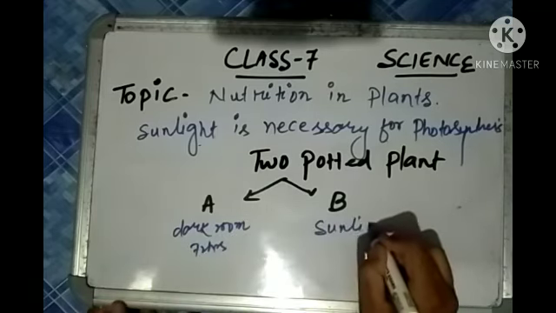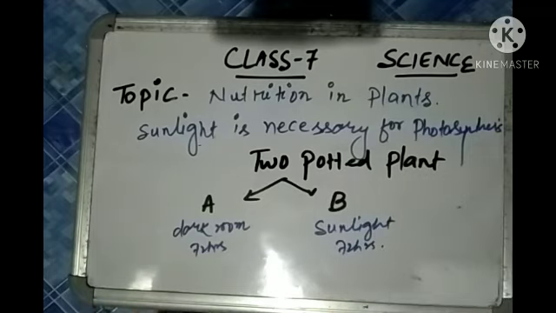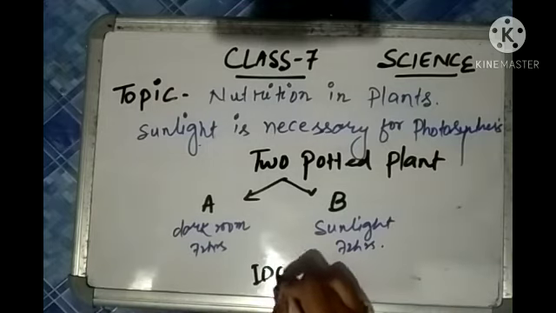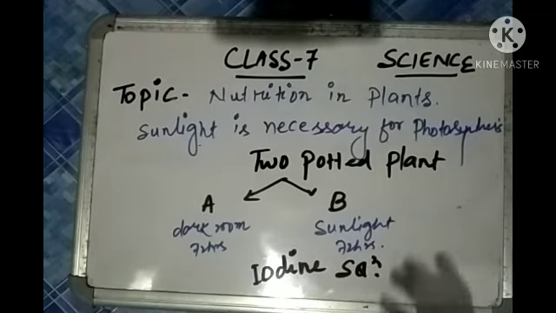Plant B will be exposed to sunlight for 72 hours, say, and we are going to perform the iodine test by using iodine solution.